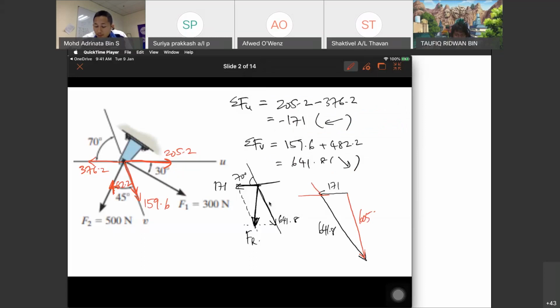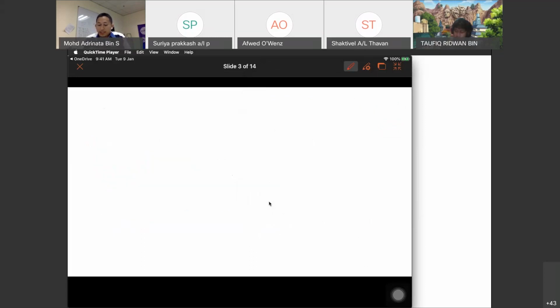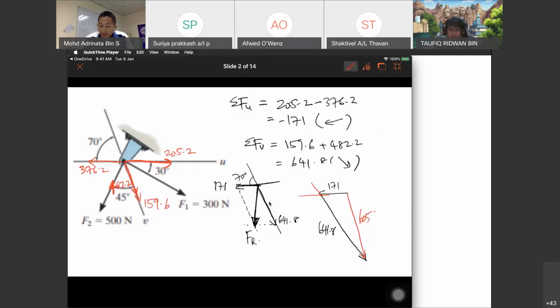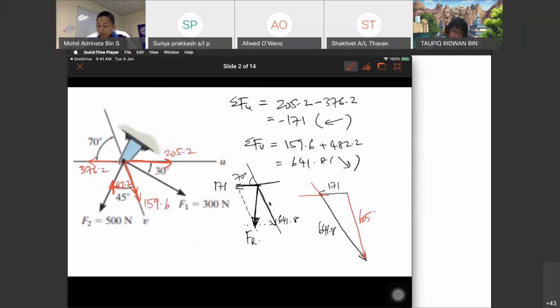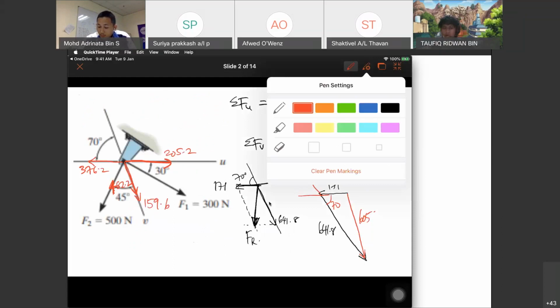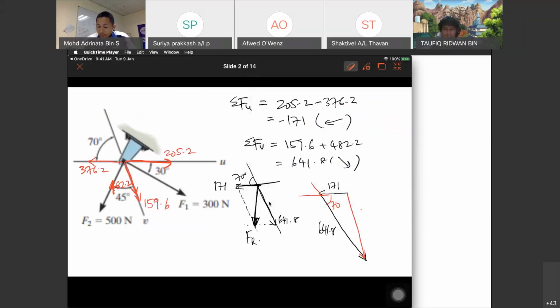Okay, so from that, this is the trickiest one. You need to find your theta. So for this one, the resultant force Fr equals, okay. So from this one, you have this is 70. Currently you don't even know Fr.